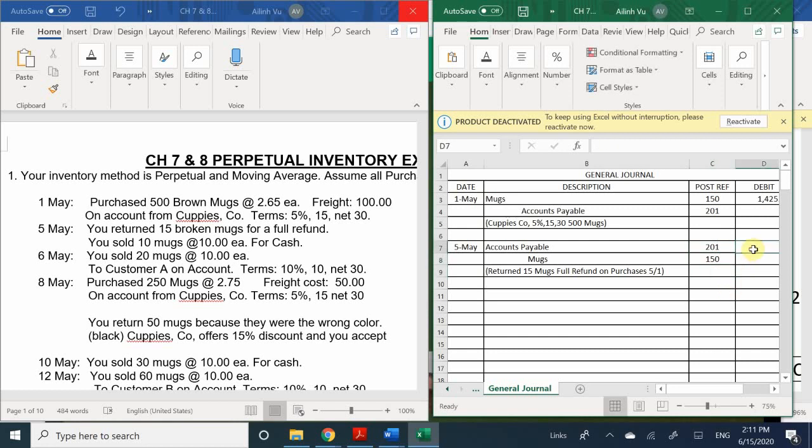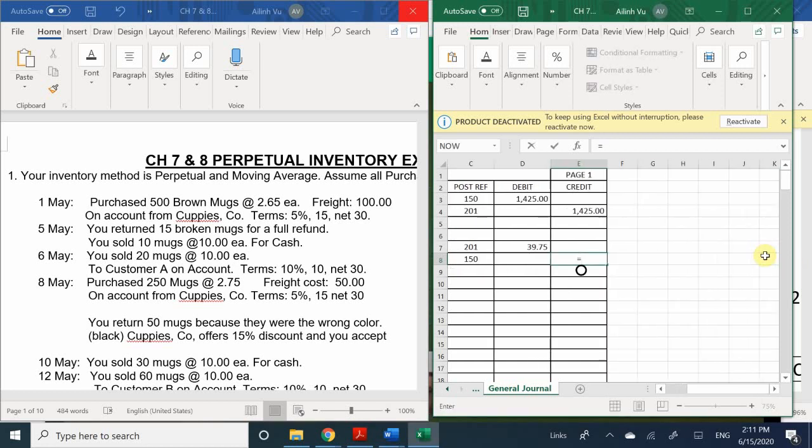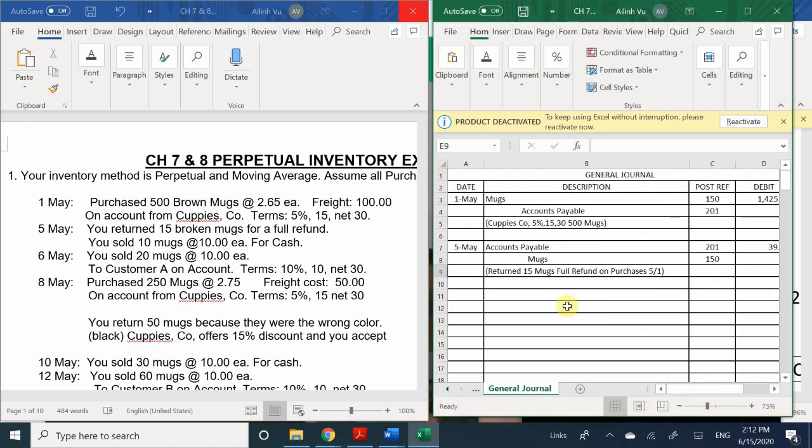You did $2.65 multiplied by 15, and you should get 39.75. Is that what you got? I got 75, yeah. Then this should equal this number right here: 39.75.